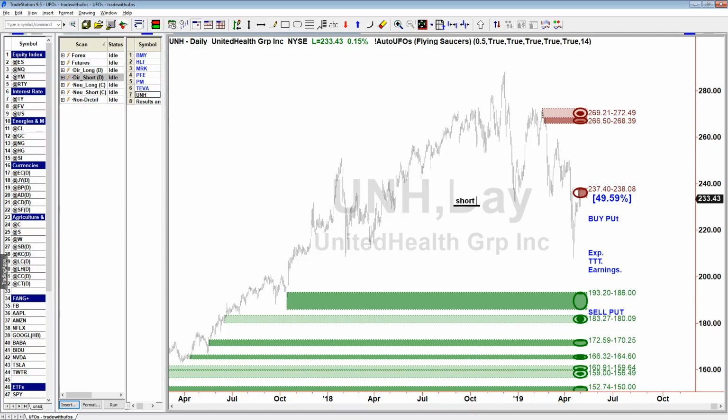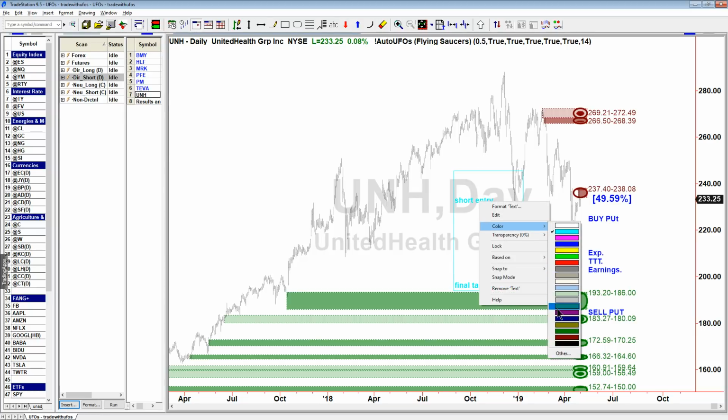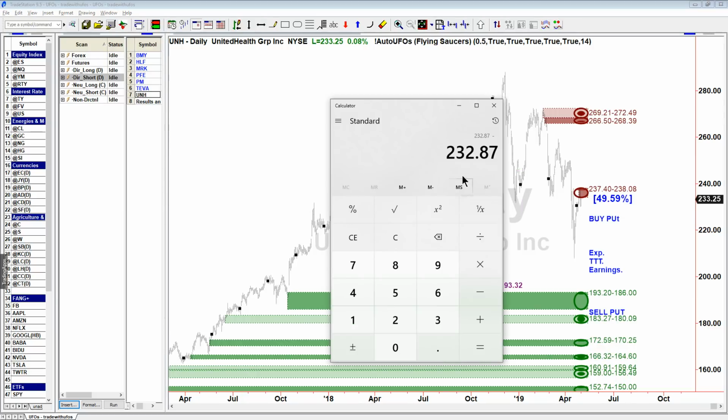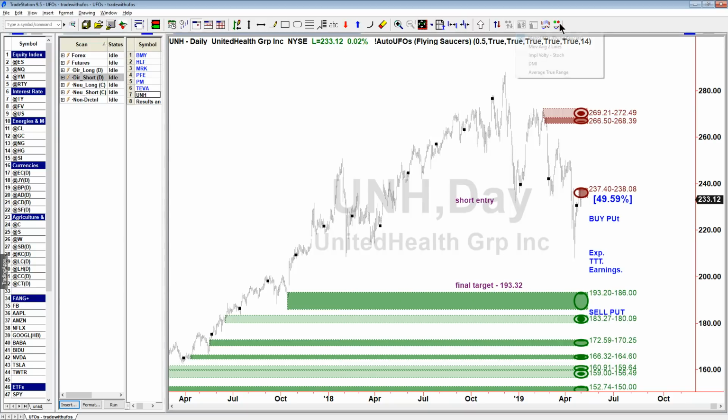Short entry, and then final target 193.32. That will be the one. Okay, so I want to see between 230, actually 233.28 and 193.32 how much room there is. It's $39.96. Very nice room for profit.